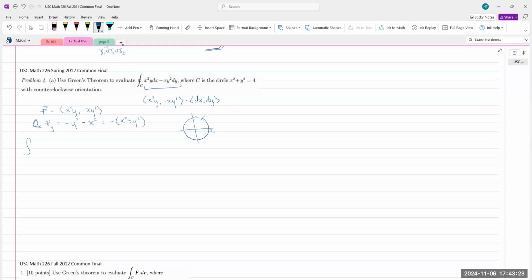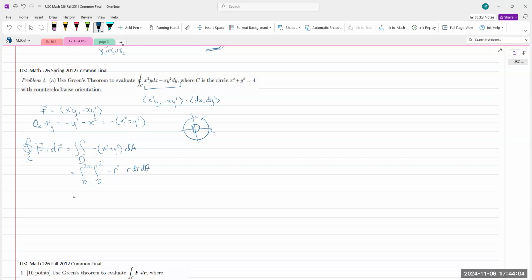So the integral over the closed curve C of F dot dr now becomes the double integral over domain D of Q sub x minus P sub y dA. Now the domain is a disk of radius 2, and the integrand is nicely convertible to polar. So it's the integral from 0 to 2 pi, integral from 0 to 2, of negative r squared, r dr d theta.